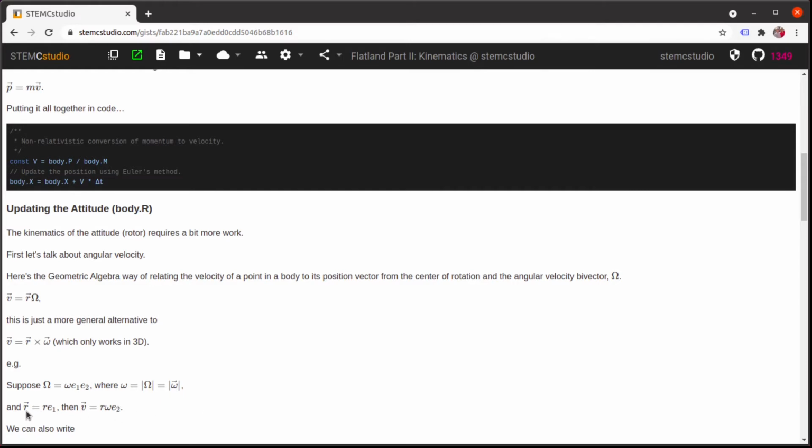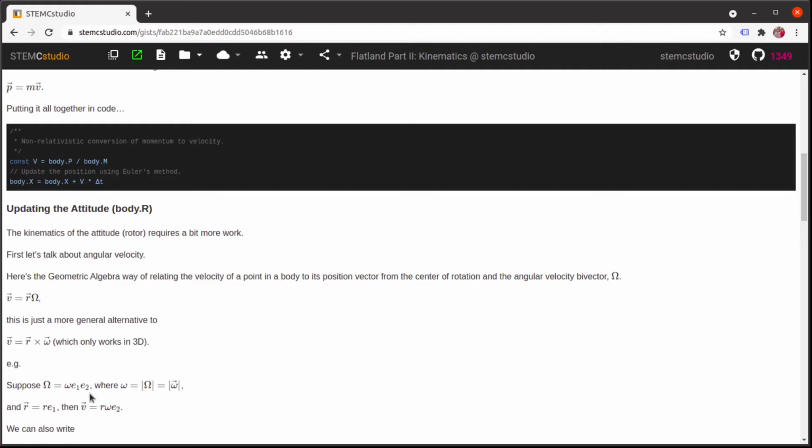So as an example, supposing that r is the vector which is in the direction of the E1 vector, so it's along the x-axis, and it has magnitude r. Then if we calculate v using our formula up here, v is then r e1 multiplied by this. Well, the r and the omega come out the front, and you're left with e1 times e1 e2.